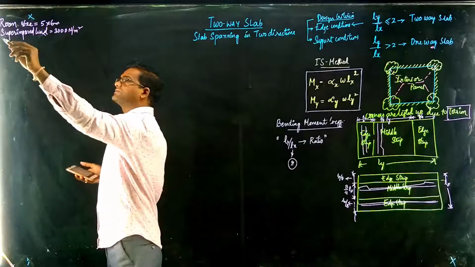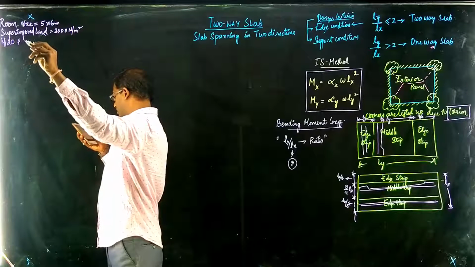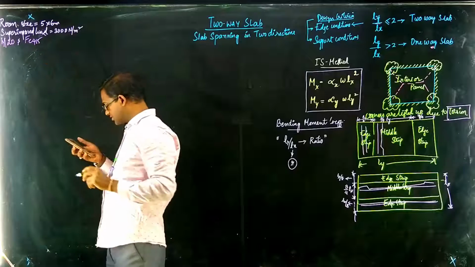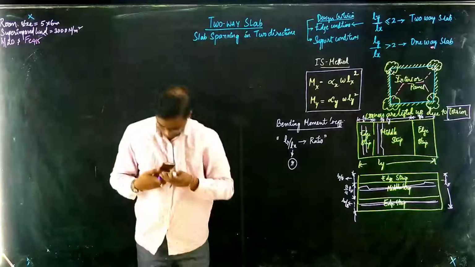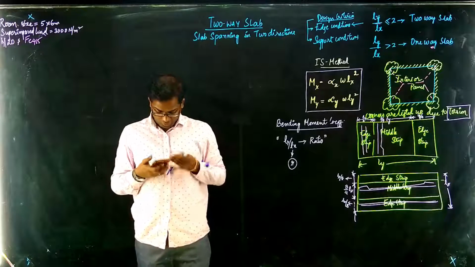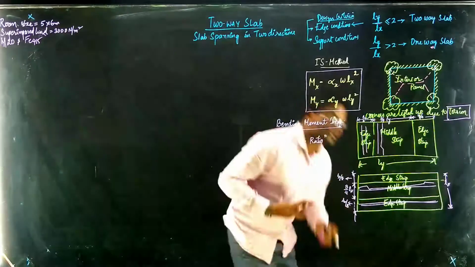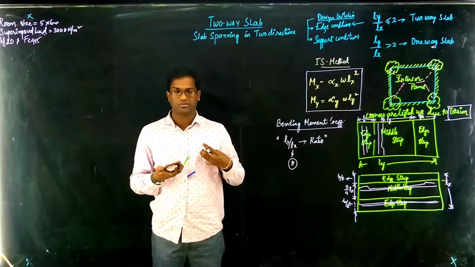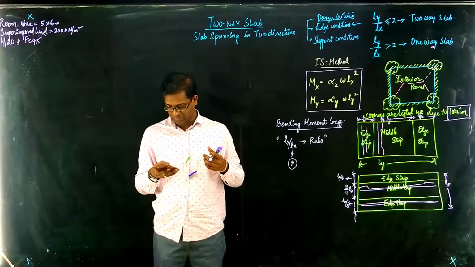And he said use M20 grade concrete and Fe415 steel. He also mentioned to use the IS 456 method. So how do we do this? First we need to calculate the bending moments, and thereby we distribute it into the reinforcement.